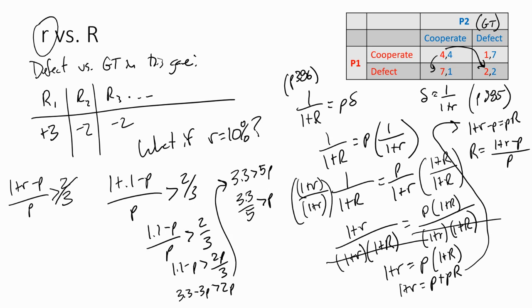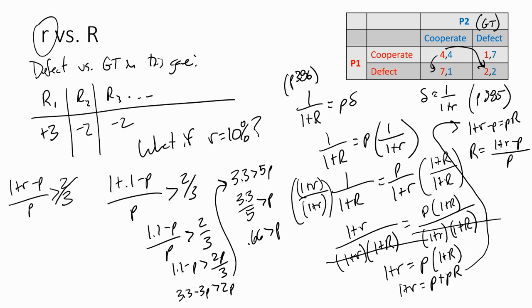What that says is this player will defect in this game if, with these payoffs, these specific payoffs, right? This is not general, these are these specific payoffs. And with a true real rate of return of 10%, if they think the probability that the game will continue is less than 3.3 over 5, which is 66%, if they think the probability that the game will continue is less than 66%.